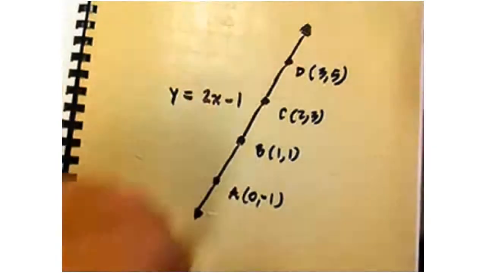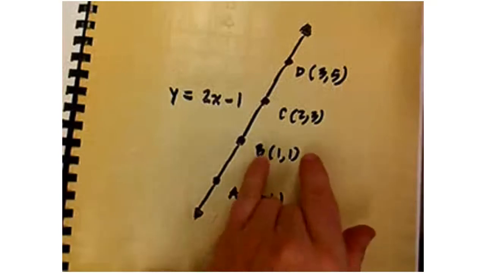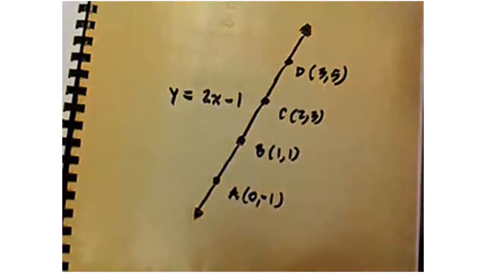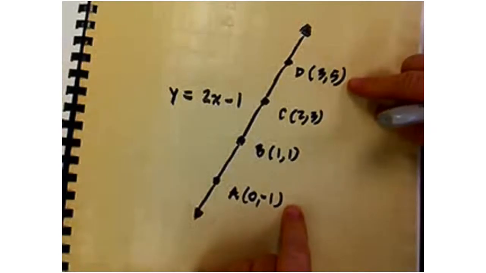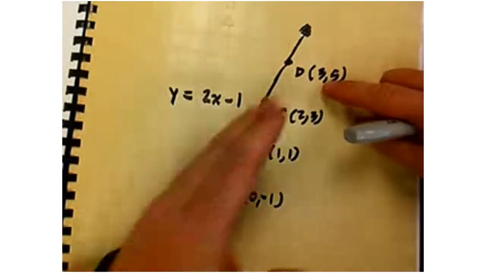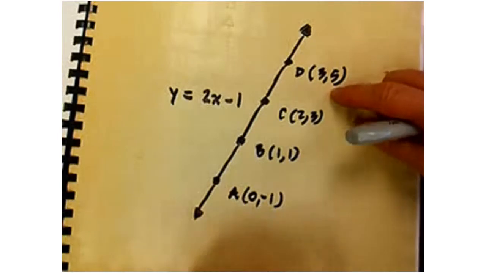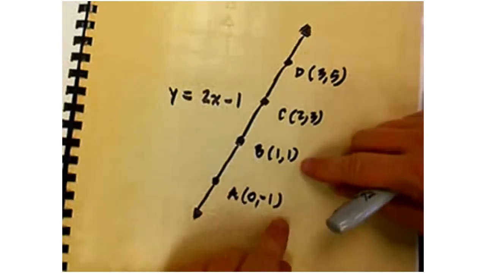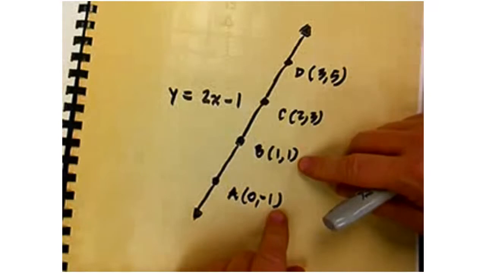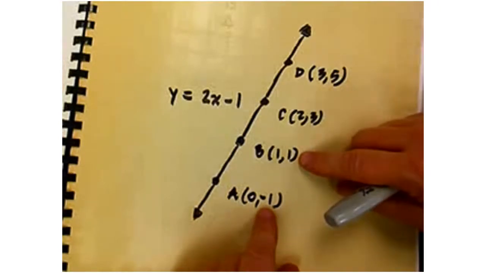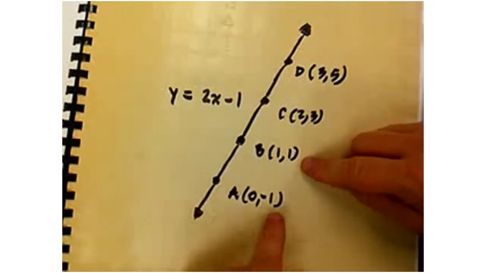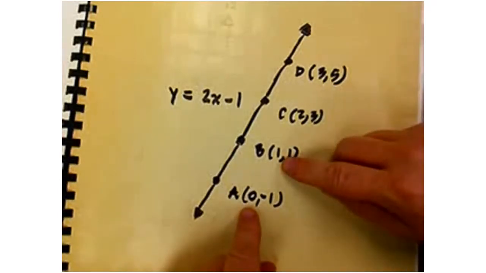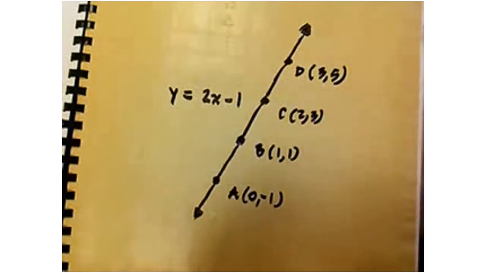We have a slope on this line. You could take any of these two points, based upon what you learned in the previous lesson, and find the difference of their y values and the difference of their x values and figure out the slope. So if we took points A and B and found the difference in their y values, negative 1 minus 1 is negative 2, 0 minus 1 is negative 1, negative 2 over negative 1 is actually positive 2.